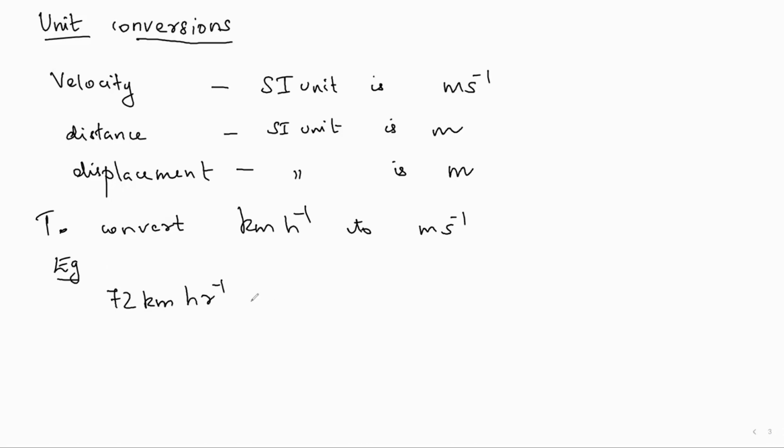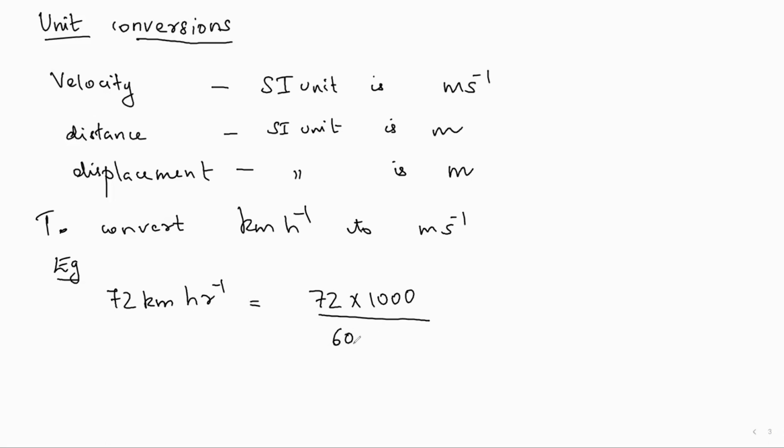In order to convert into meters per second, 72 kilometers. In order to convert kilometers to meters, we have to multiply it with 1000. And hour to second: hour is coming in the denominator, so the denominator hour should be converted to seconds.